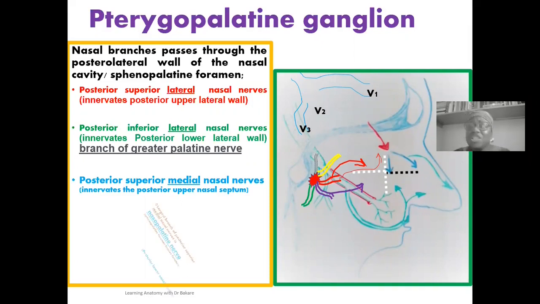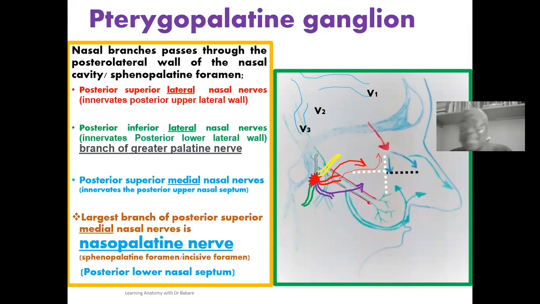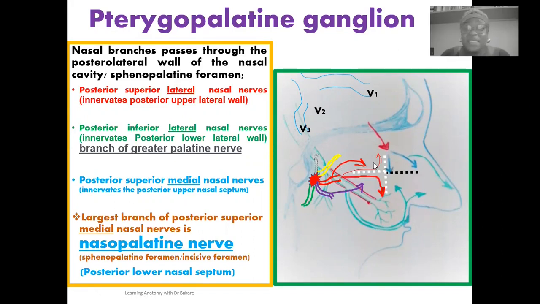Then the last region will now be the posterior lower nasal septum. And this will be innervated also from the nasal branches. Remember, we talked about the posterior superior medial nasal nerve that is innervating the posterior superior part of the nasal septum. If you look at the collection of this nerve, because these nerves emerging from the pterygopalatine ganglion are not just one nerve, but are represented with a single line just for neatness.